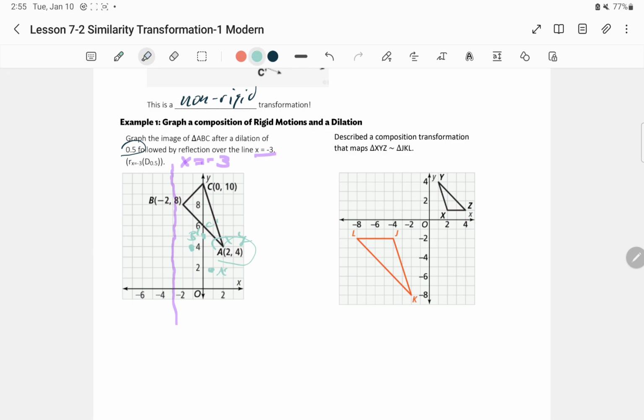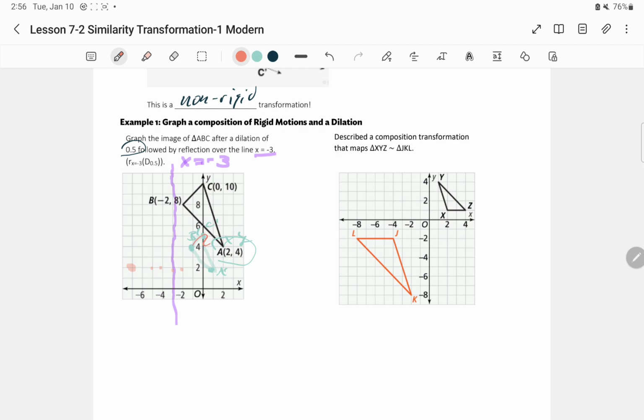Then we're going to take this image that we created over here, A prime, B prime, C prime, and we just want them to hop across that line. So if I look at A, and I count the spaces to the line of reflection, I've got 1, 2, 3, 4, and I want to continue the same distance. 1, 2, 3, 4. So that'll be my new A.